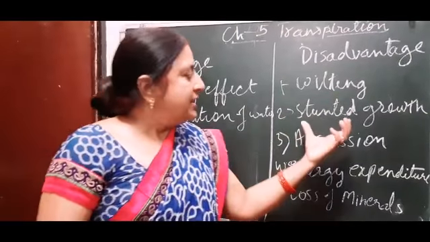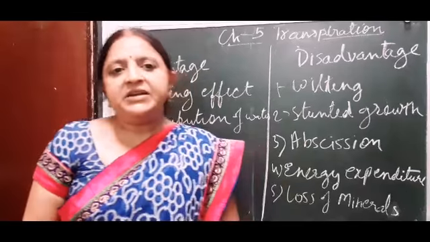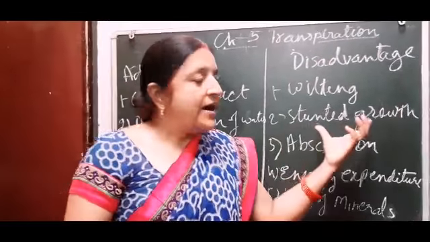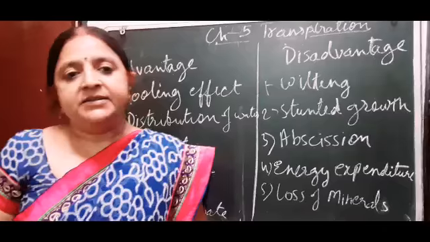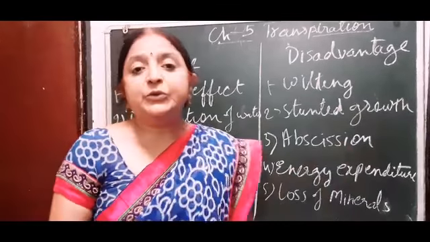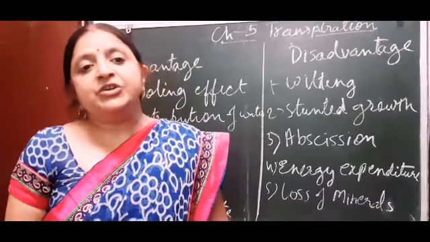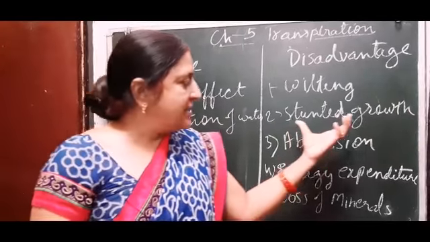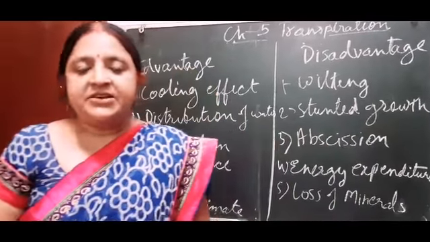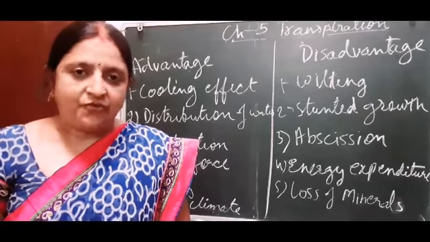And due to wilting and the high rate of transpiration, plants show stunted growth. Plants showing a high rate of transpiration also show stunted growth because of the loss of water.